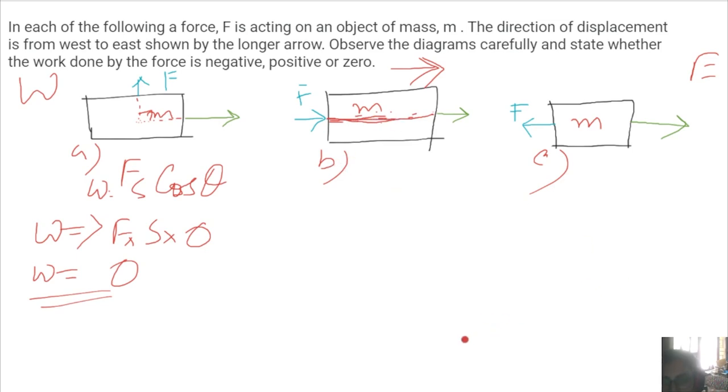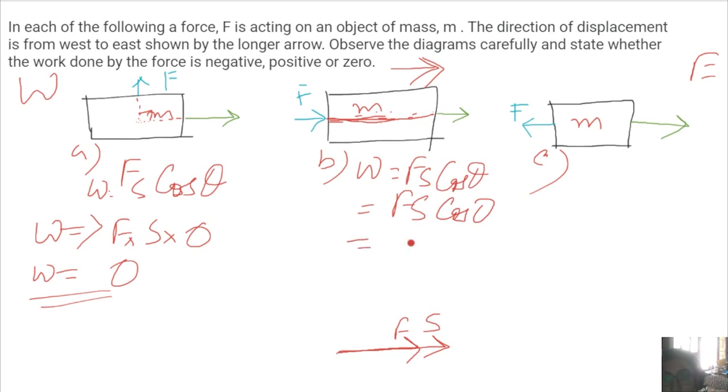So work equals Fs cos theta, which equals Fs into cos 0, and you know that the value of cos 0 is 1, so Fs. So work done here is positive.